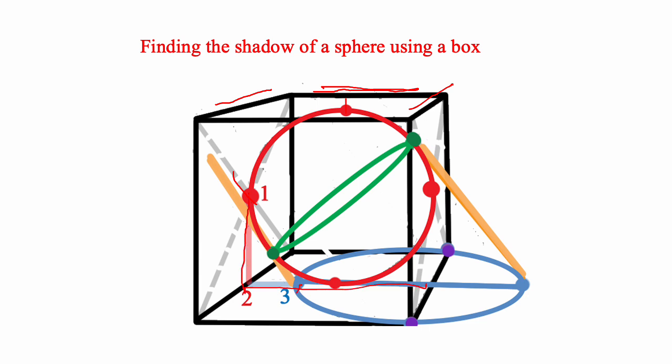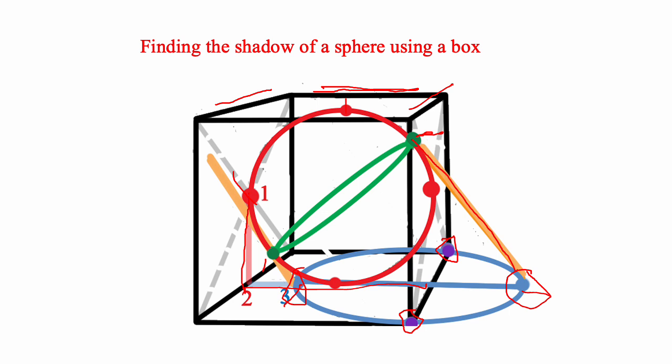To find these 2 ends of the shadow, you find the green ends of the terminator and draw tangent light rays through them, and that will give you this point here and this point here. For the width of the shadow, it goes from one end of the cube to the other, and that depends on drawing an accurate cube.